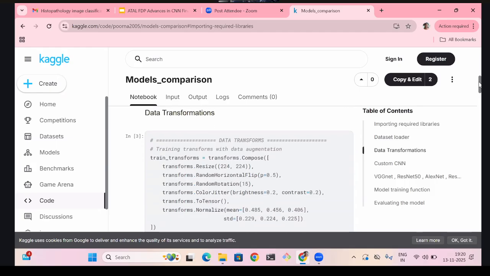Then since the data size is very small, all the deep CNN architectures will overfit the model. In order to avoid that, we did different data transformations, like flipping the images, rotating the images, and we have increased the size of the data set.